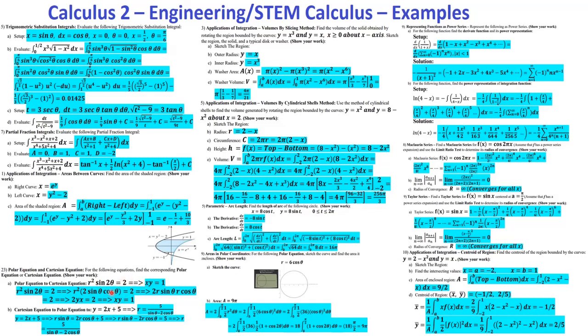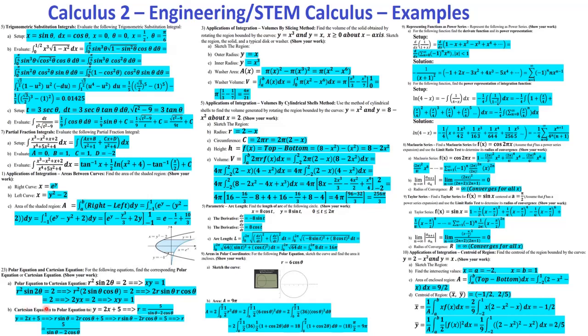To convert this into a Cartesian equation, r squared sine 2 theta equals 2, which is r squared times 2 sine theta cosine theta equals 2, which is 2 r sine theta r cosine theta equals 2. But we know that r sine theta is y and r cosine theta is x, so that is 2yx equals 2, that is xy equals 1, which is y equals 1 over x.